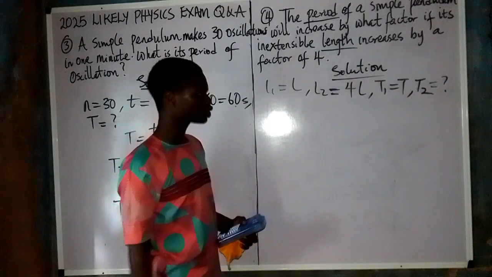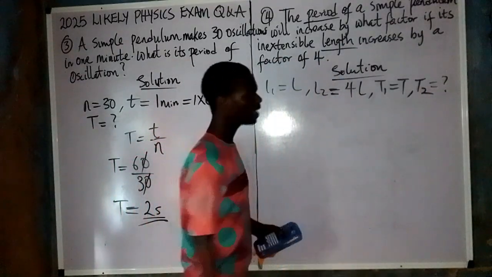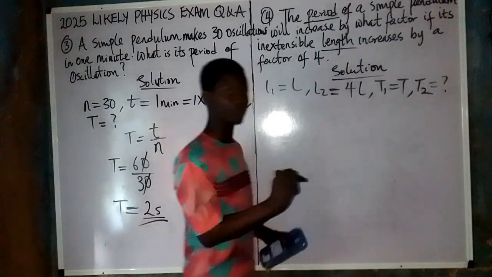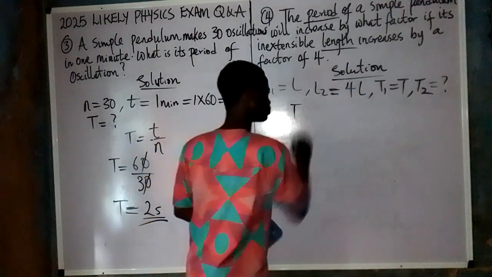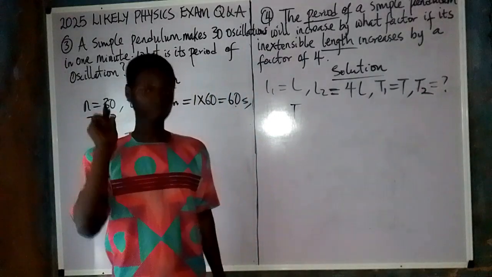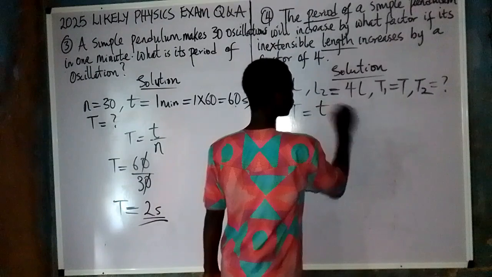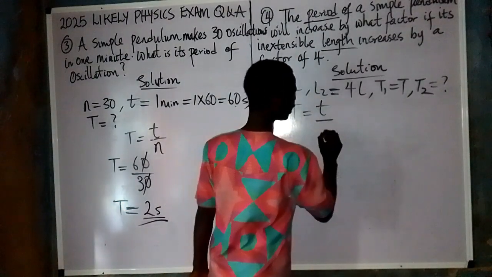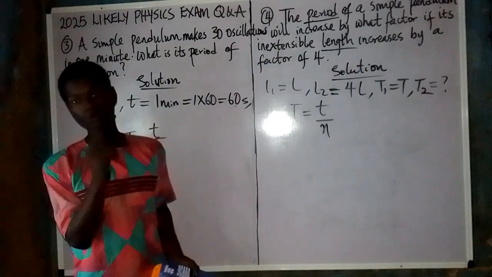Okay, so let's solve. Is there a way we can find our T2? Mind you, T on its own is what? Period. So we start from there. Let's build up from there. T. Is there a formula for T which is period? Yes. What's the formula? T is equal to small t over n. But can we use that here? No, it won't work.